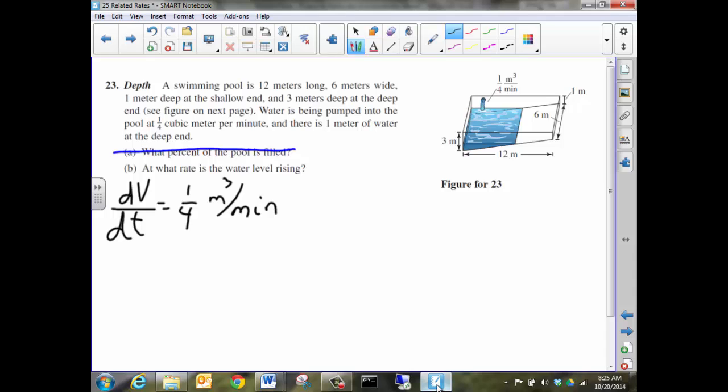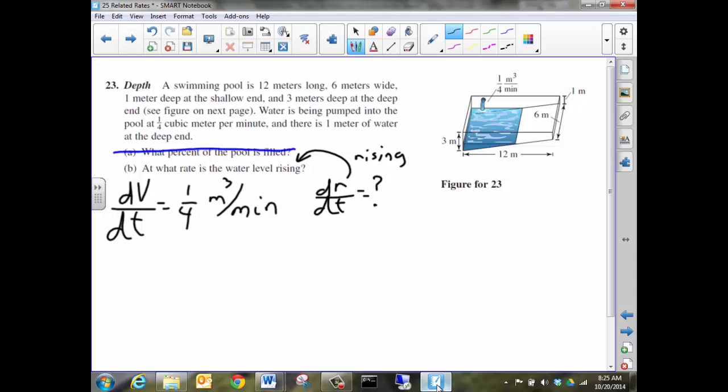R? Is that what you said? Y? R, Y. So, okay, let's use dr over dt. That's what we're looking for, the rate that the water level is rising. Some of you might choose to use H for dH dt for how high the water is at a particular time.